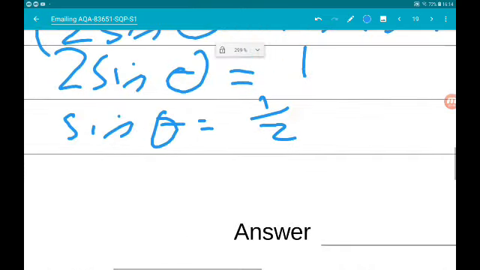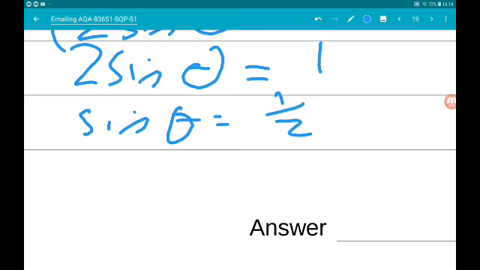Now, to get theta out of that, we would inverse sine 1/2, although this does rely on knowledge of our standard trig values, because it's a non-calc paper.